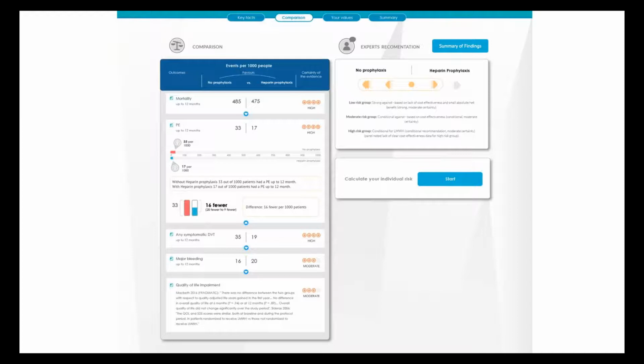For instance, here, this is a general recommendation where there would be information about how large the effect on mortality would be with or without prophylaxis, the actual effect on pulmonary embolism with or without prophylaxis. The certainty of the evidence rating is reflected there in the symbols and labeled as, in this case, high for these first two outcomes that we are seeing there.